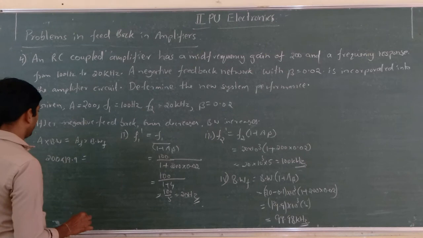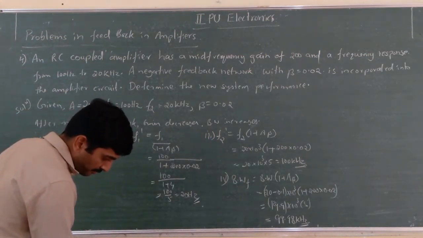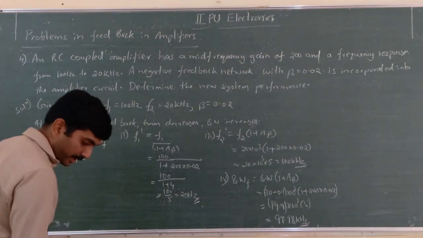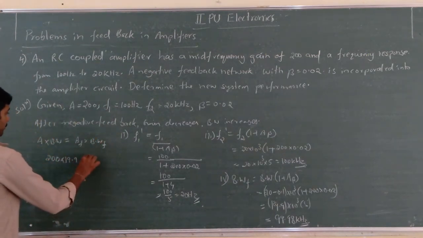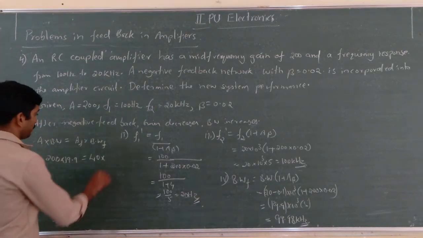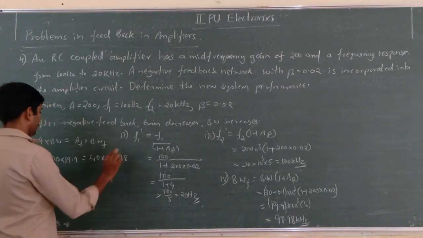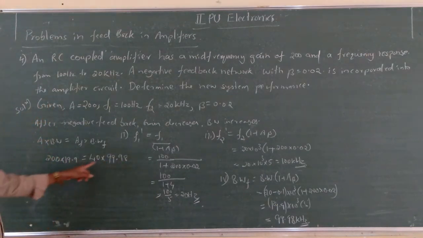What is Af? Af is 40, yes, 40 into bandwidth 99.98. Okay. Is it possible? Kilo on both sides, left with the two values. Is it possible? I do not know. Let us do the calculation first.